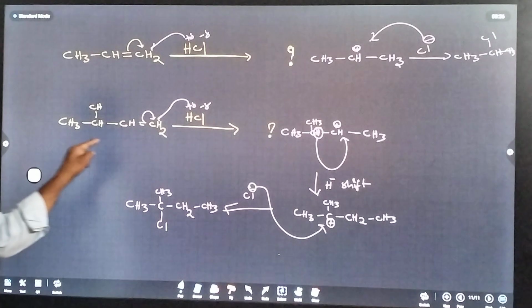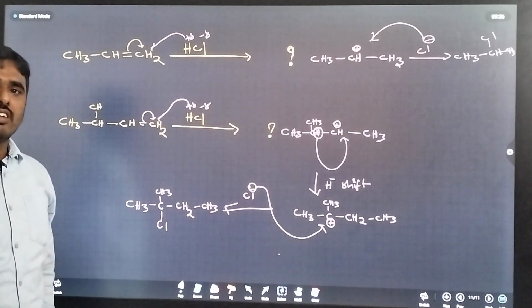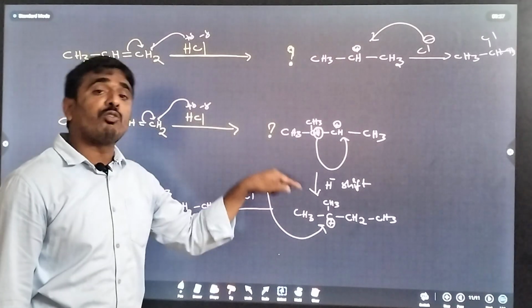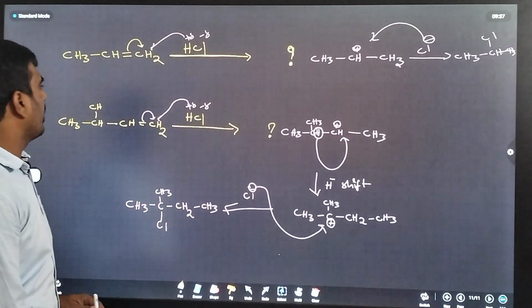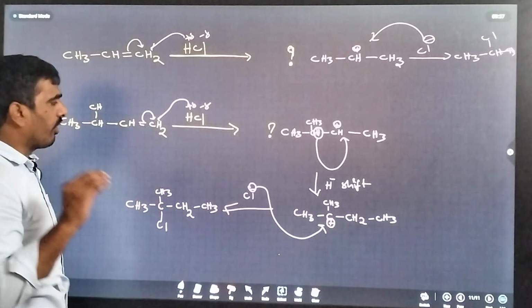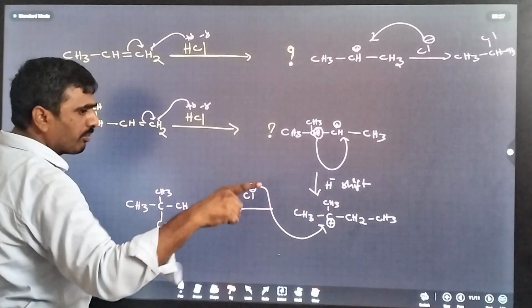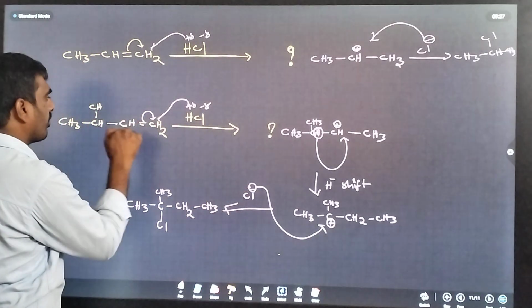So here the Markovnikov rule is not suitable for this reaction, because in that reaction a carbocation is formed as an intermediate, so rearrangement takes place. If you followed the Markovnikov rule, the negative part of the reagent, Cl minus, attacks the carbon with fewer hydrogens.